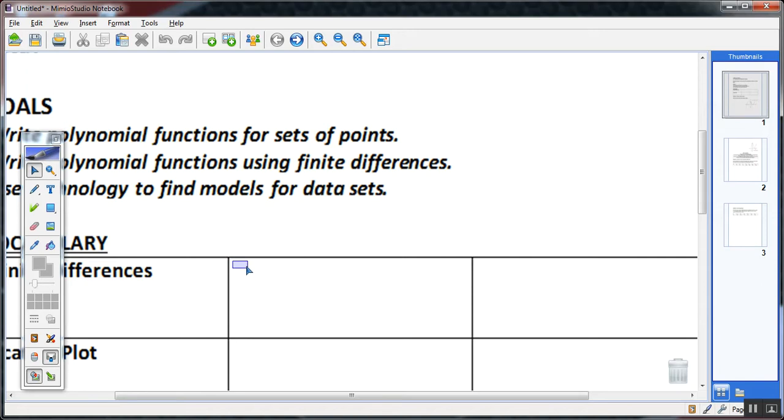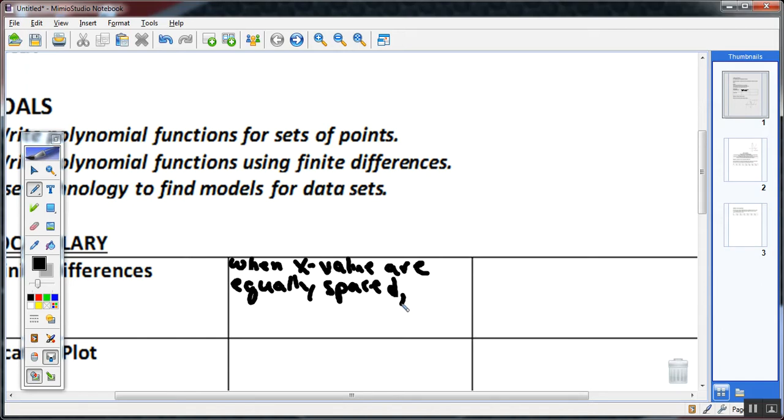Okay, here's the deal. It says when, gosh dang it, where are my tools? When x values are equally spaced, says the difference of consecutive y values is what we're after.